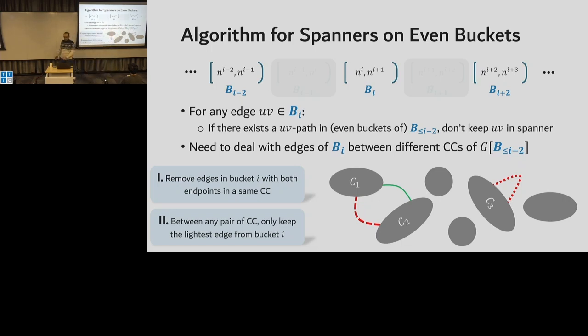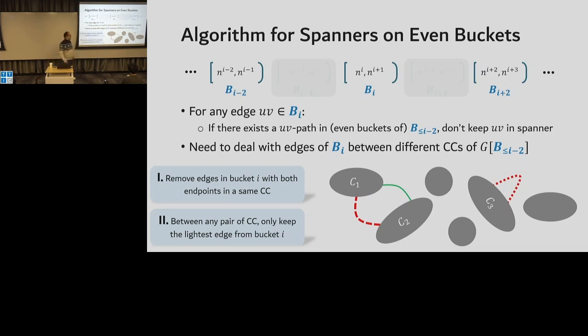Then I don't need to keep any edge that has both its endpoints in the same connected component, and also for any edge connecting two different components, if I have another edge with a lower weight, I can also get rid of this red edge.